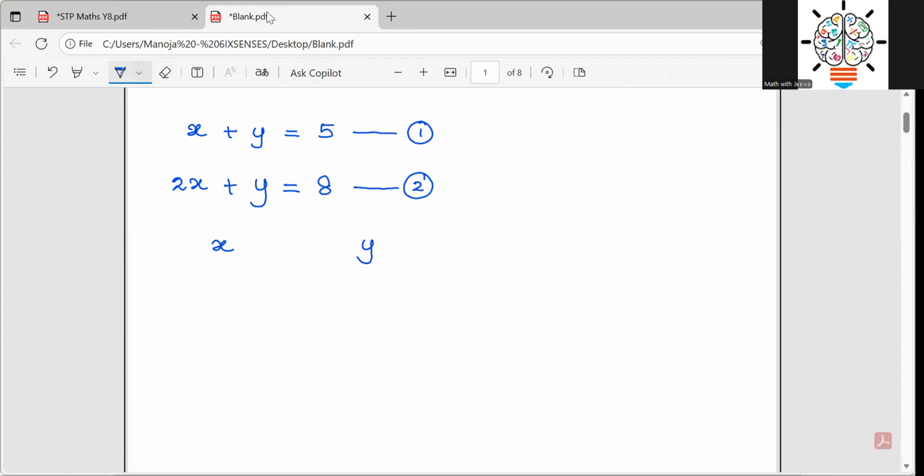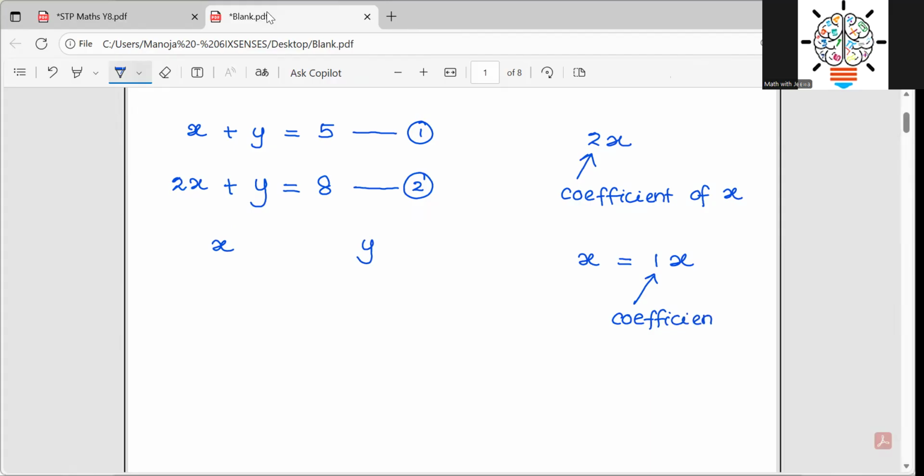What do you mean by the coefficient, children? If you have the 2x, so this 2 is what? Coefficient of x, right? And sometimes you have just x. What does this mean? It is 1x. In that case, 1 is the coefficient, right?